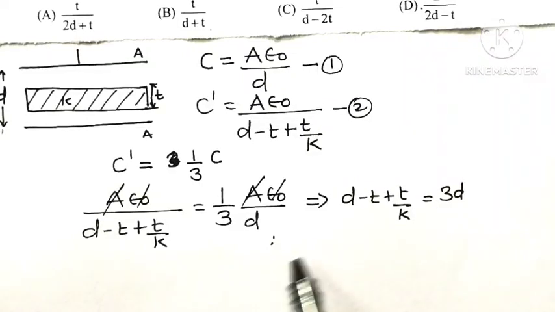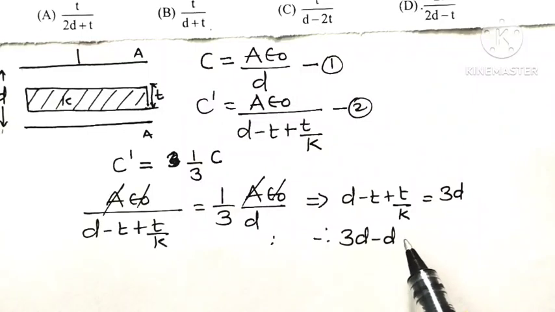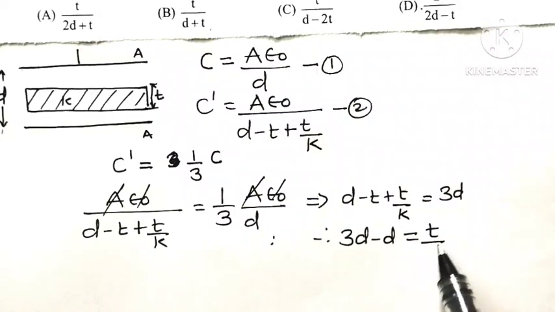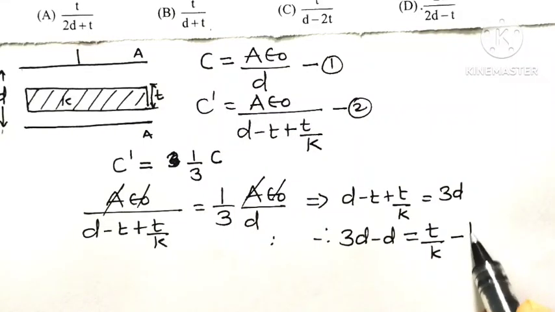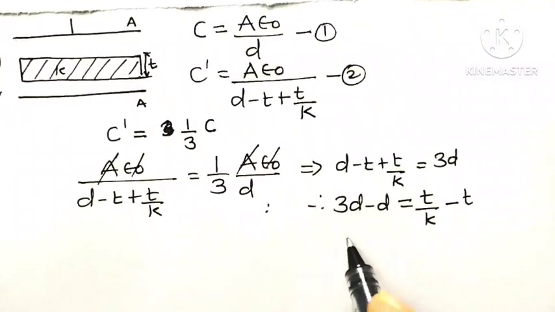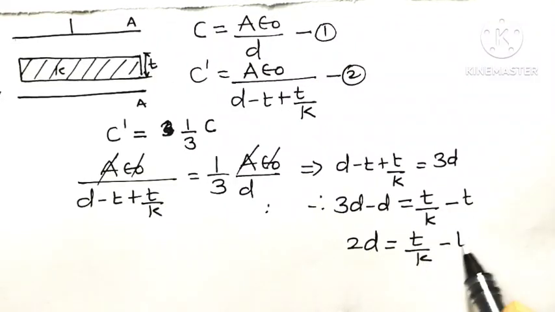So 3D minus D is equal to, now what is left, it is T by K minus T. So 2D is equal to T by K minus T.